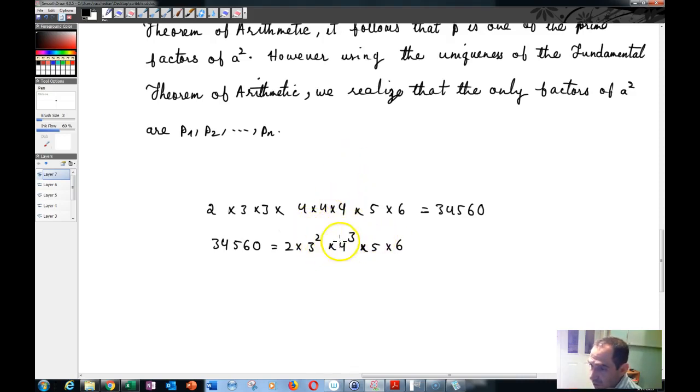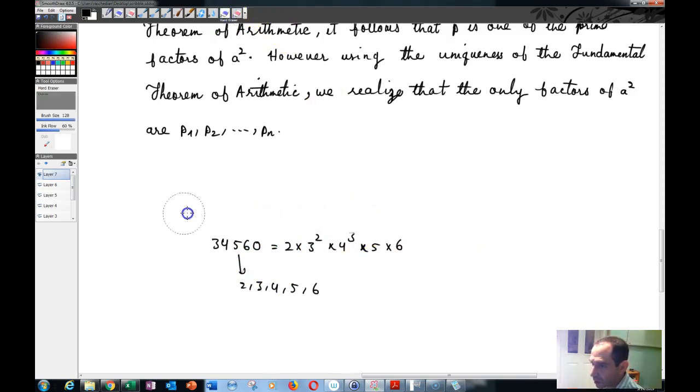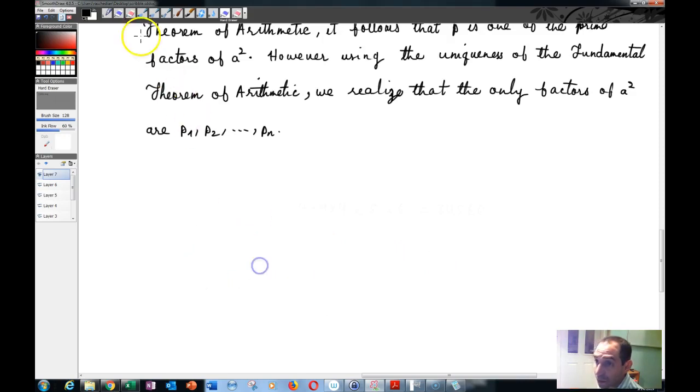The only unique factors of this number 34,560 are 2, 3, 4, 5, and 6, meaning that you can say that this number is divisible by 2, divisible by 3, divisible by 4, divisible by 5, and also divisible by 6. So that's basically the meaning of that sentence there.